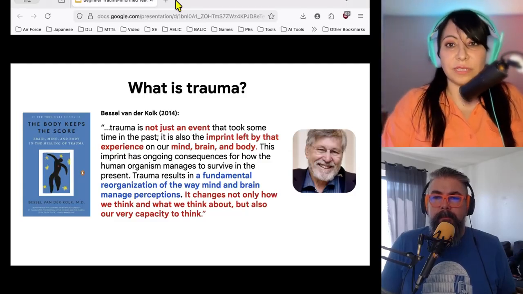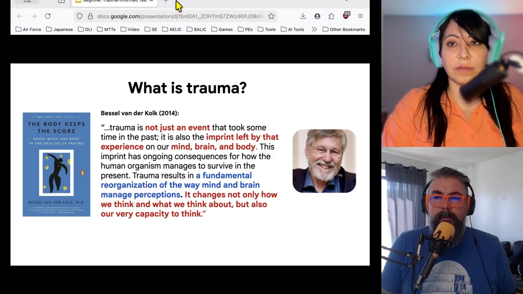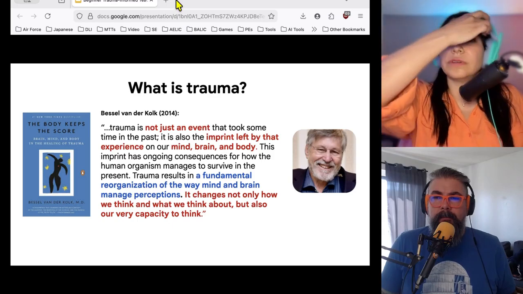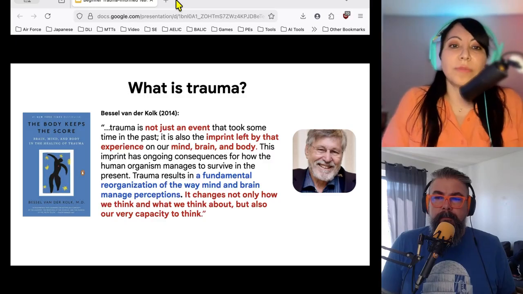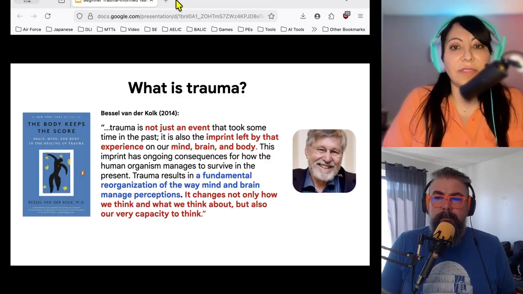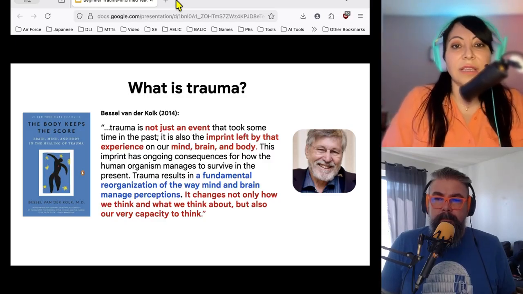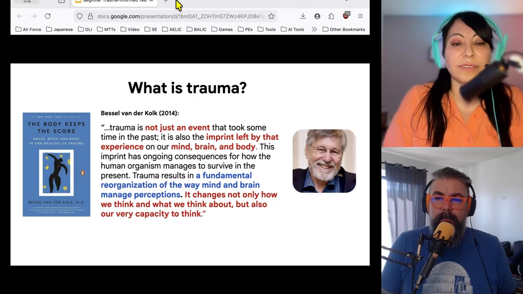He's got the most experience, I think it's like 30 years of research worth of studies. And he defines trauma as not just an event that took place some time in the past. It is also the imprint left by that experience on our mind, brain, and body. This imprint has ongoing consequences for how the human organism manages to survive in the present.